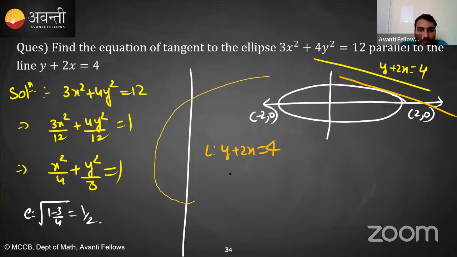What is the slope of the required line? रिक्वायर्ड स्लोप कितना है, required slope is -2, isn't it?